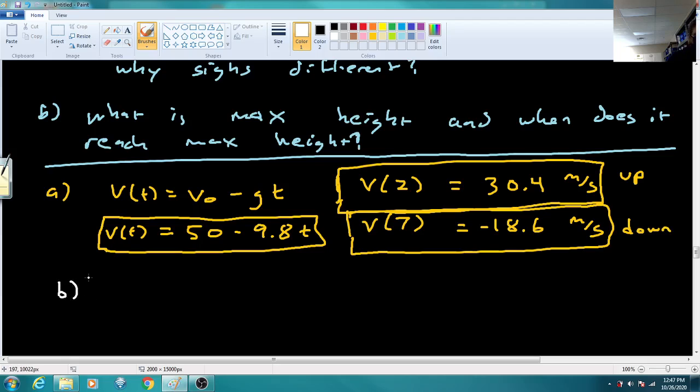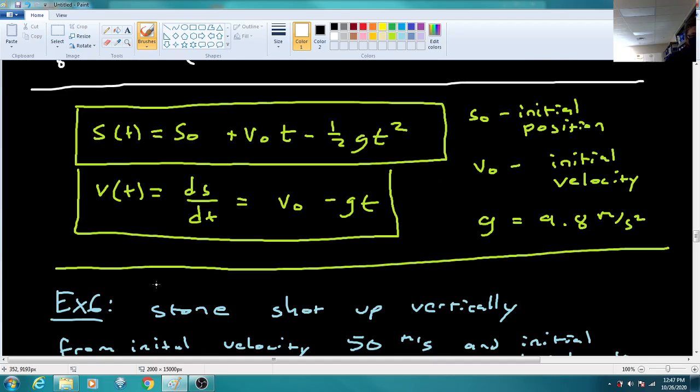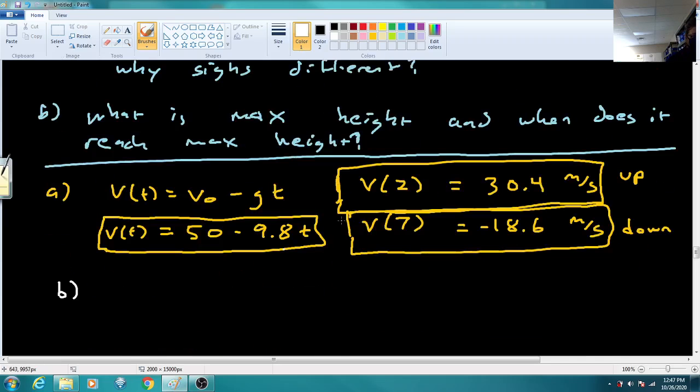Okay, what is the maximum height? When do we reach the maximum height? So we're going to need our position equation for this one and the velocity equation. Let's just use the velocity equation first. When we think of throwing something upwards, at the very top there'll be a brief moment where it stops, where it's at the maximum height.